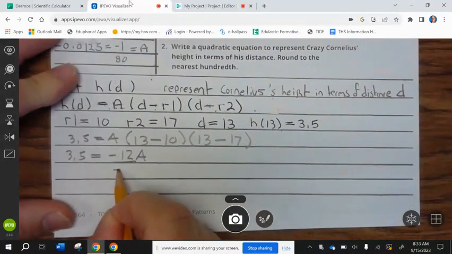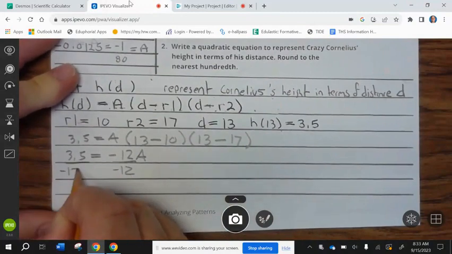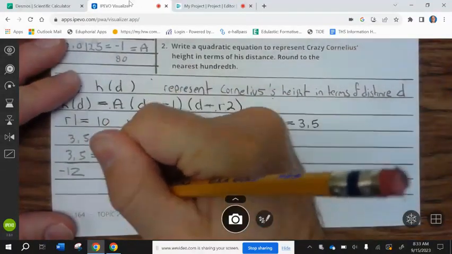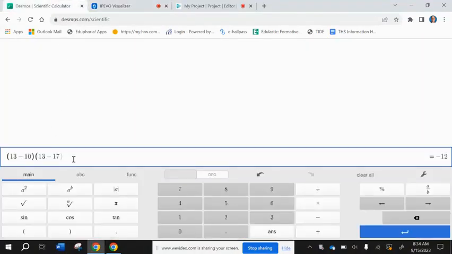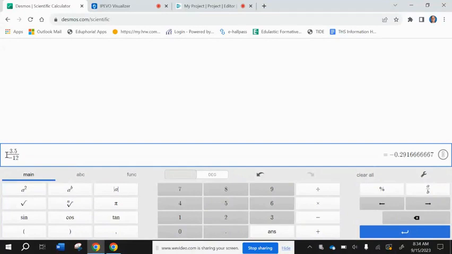Divide both sides by negative 12. So a equals 3.5 divided by negative 12 is, let's just round that to one decimal place. So negative 0.3.